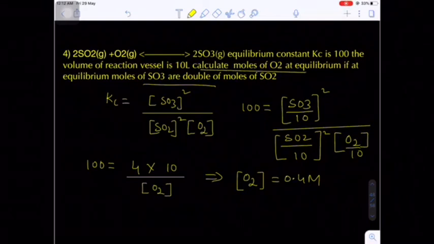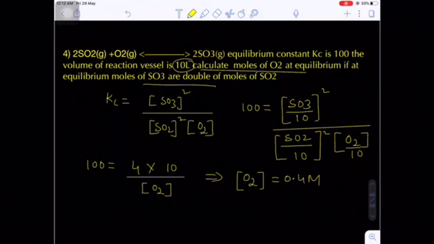Now the question is not the concentration. The question is the number of moles. This is per liter of the container. Per liter there are 0.4 moles, but our container is 10 liters.